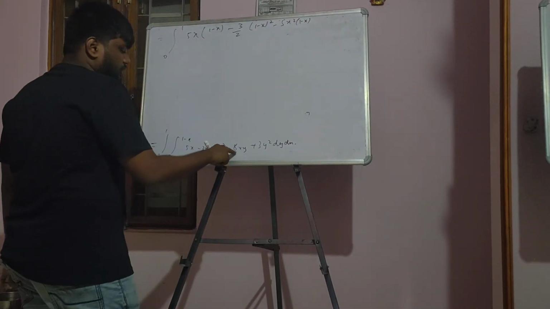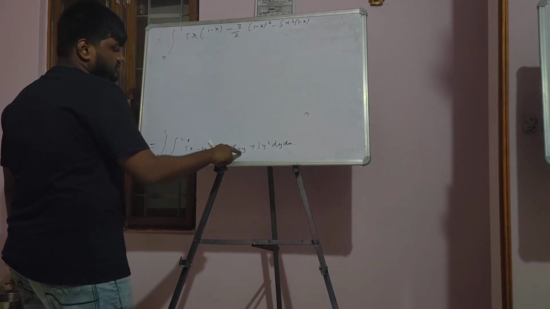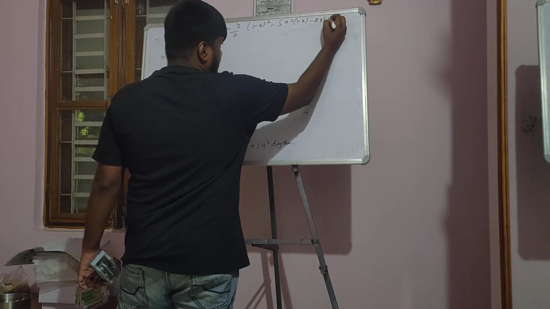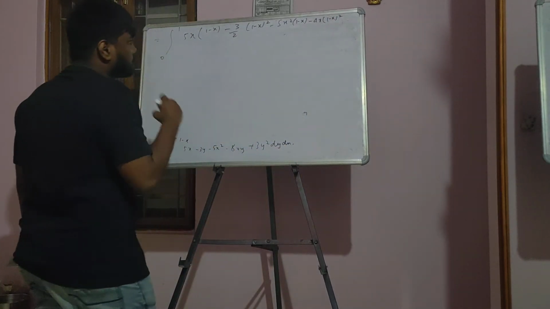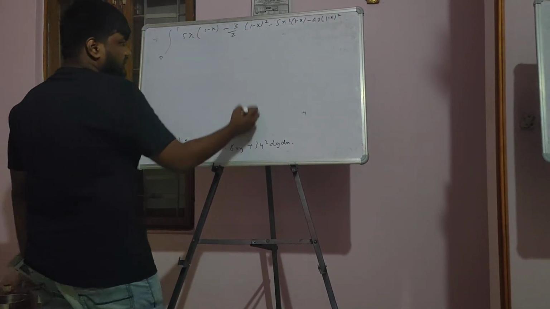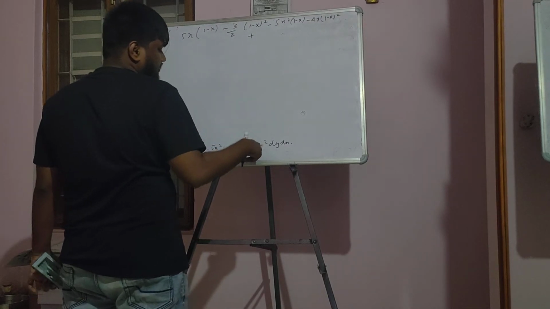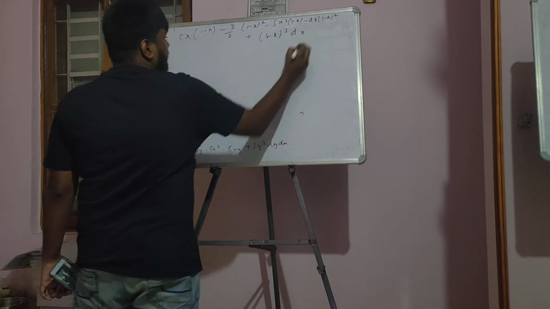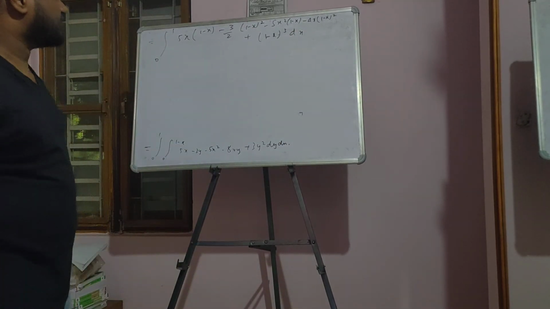and this is minus x y square by 2, so this is minus 4 x y square, and again the integration is y cube, so we have the following, and now we have to integrate it with respect to x.